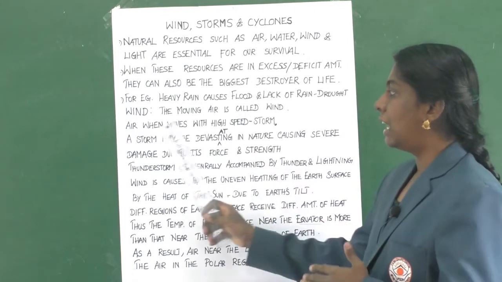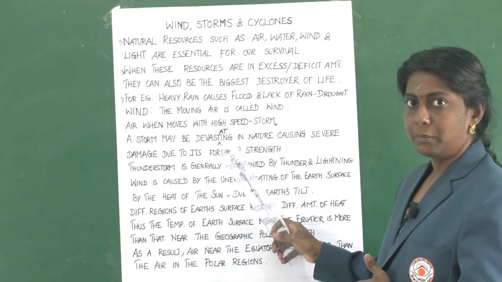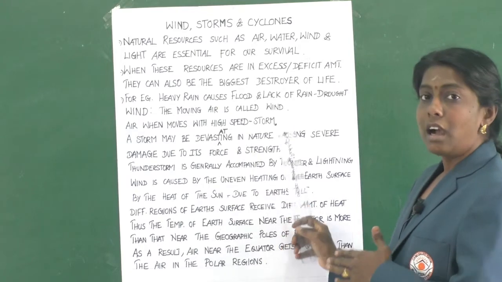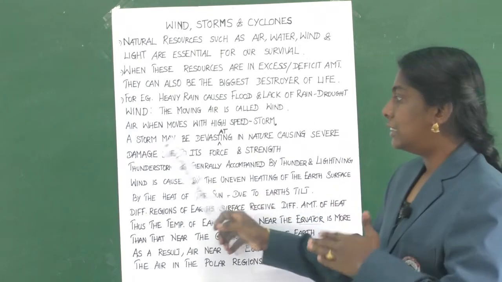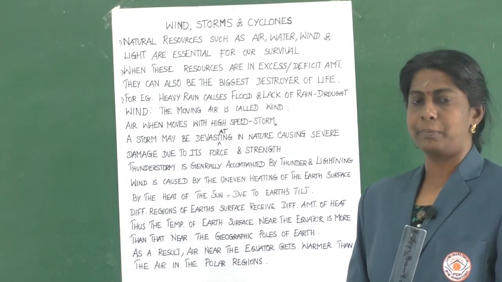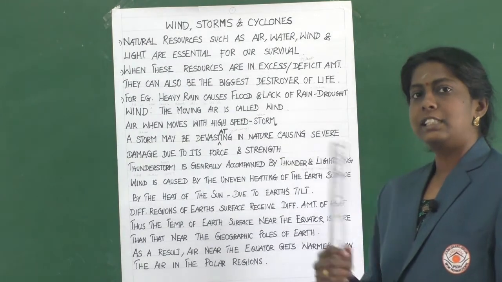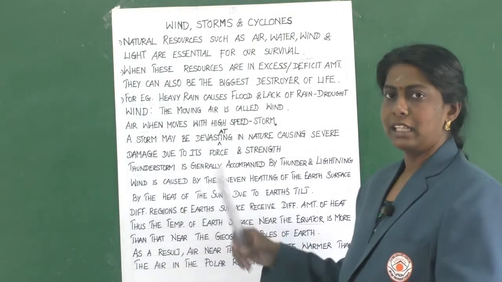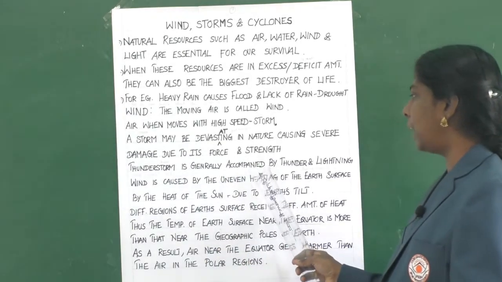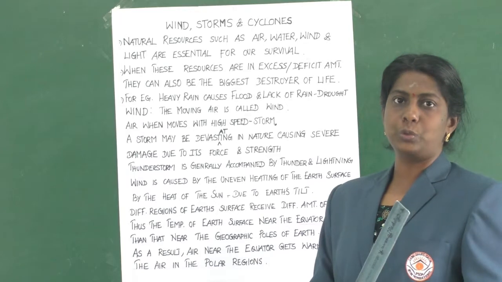I repeat, a storm may be devastating, meaning great damage, causing severe damage due to its force and strength. Okay. So, next term is thunderstorm. What is this thunderstorm? It is generally accompanied by thunder and lightning during monsoon.